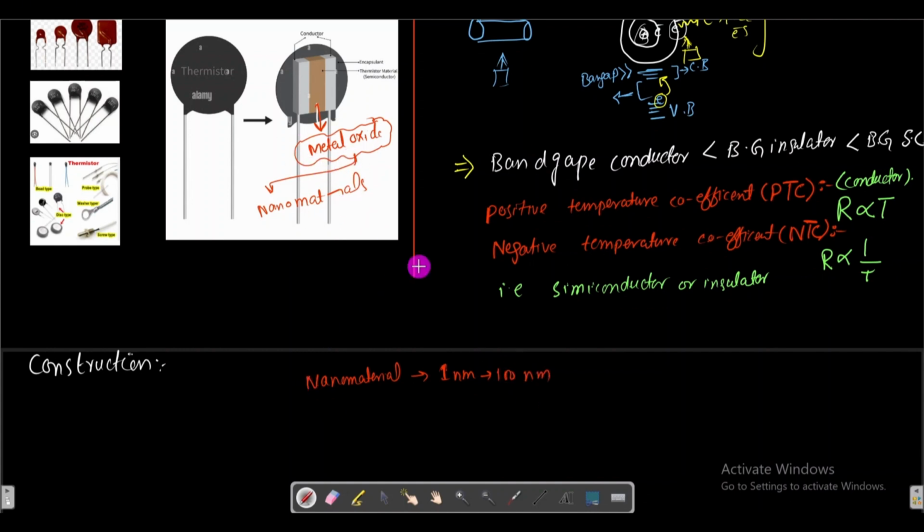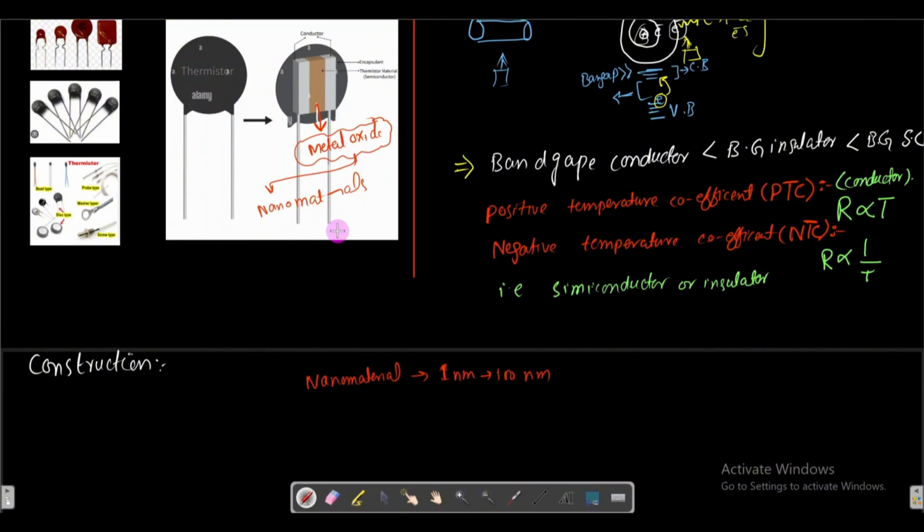So if the material comes in the nanoscale, then its band gap will increase. In this case they have different band gaps, and that band gap depends upon the process by which the material is made. It also depends upon the precursor and many more things.